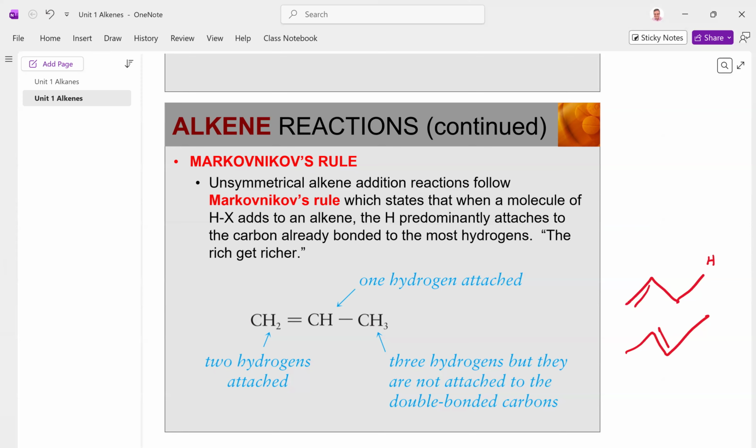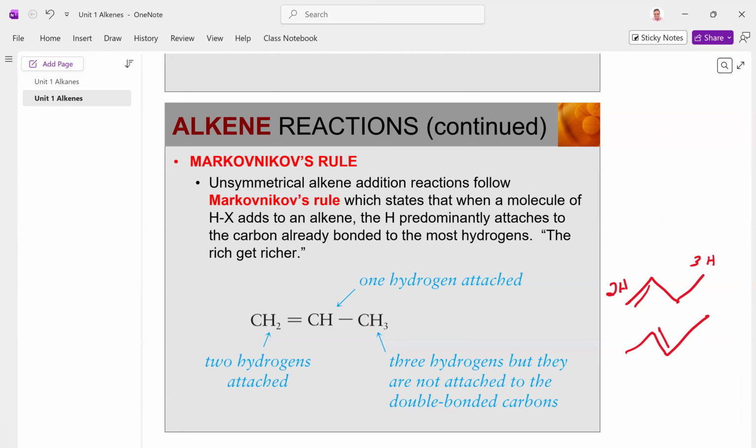Remember now, carbon has 4 bonds. One of them is carbon to carbon. All the rest are carbon-hydrogen. So that's 3 hydrogens. On the other end are 2 hydrogens, because 2 of the bonds are part of the double bond.